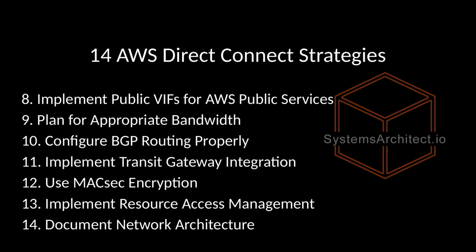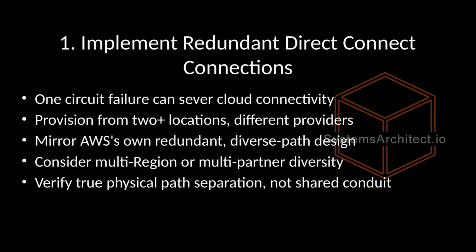Implement public VIFs for AWS public services. 9. Plan for appropriate bandwidth. 10. Configure BGP routing properly. 11. Implement transit gateway integration. 12. Use MACsec encryption. 13. Implement resource access management. 14. Document network architecture.